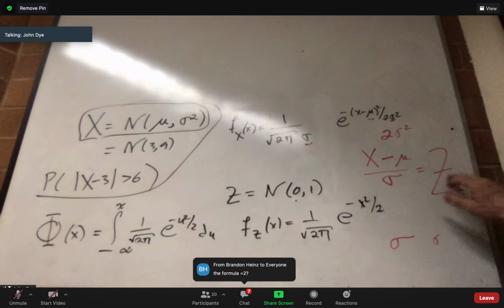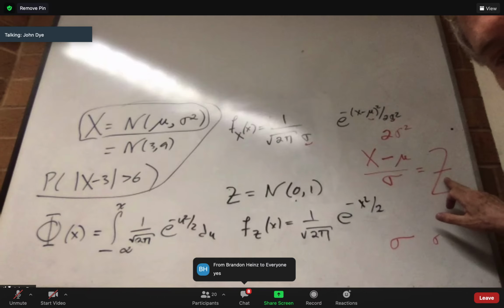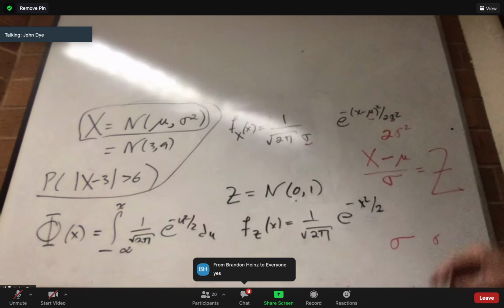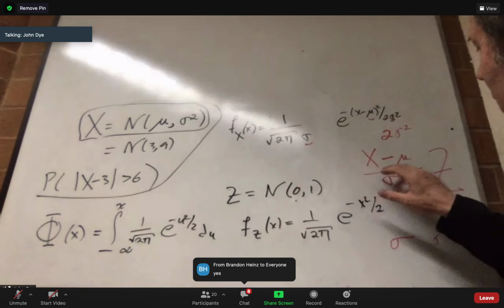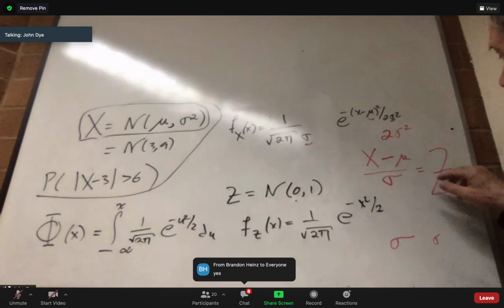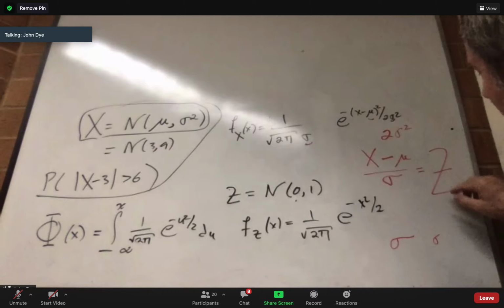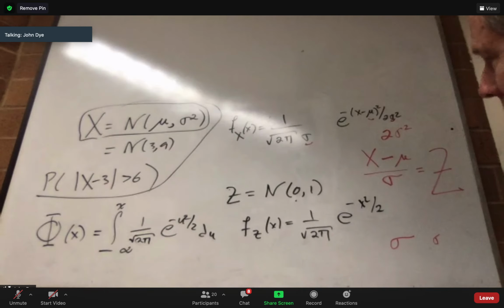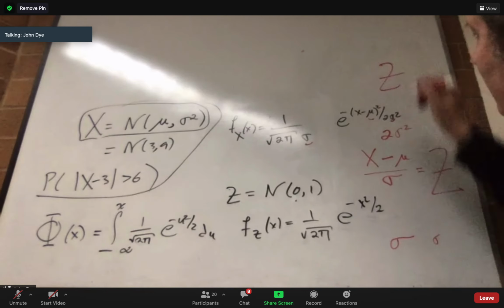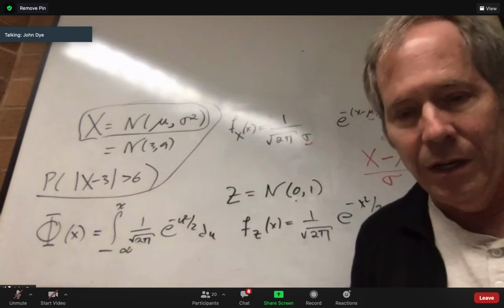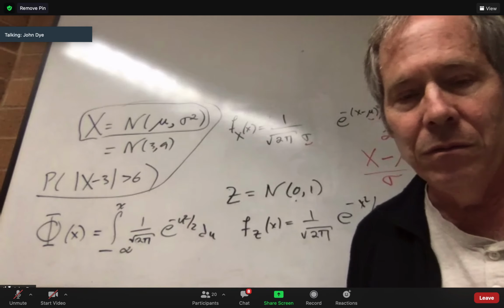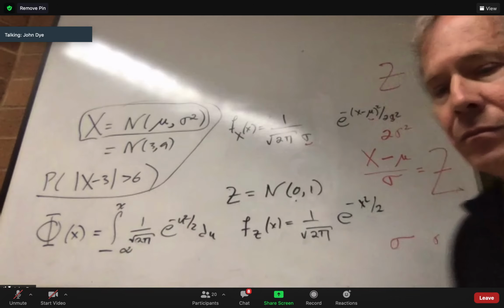Oh, this thing? No, this is z. It's another random variable. This is a random variable, and it's been transformed to be this other one. When you do this, you transform it into a standard normal. It's standard to write it like that, a z. It's not a 2. It's called the unit normal random variable.